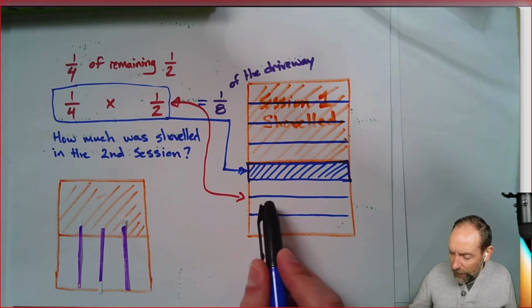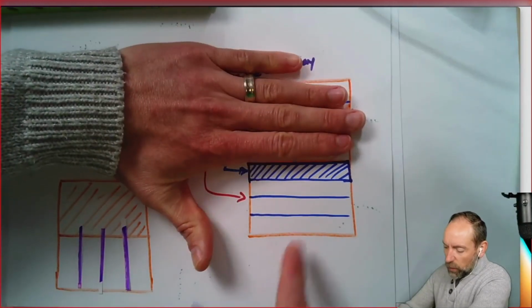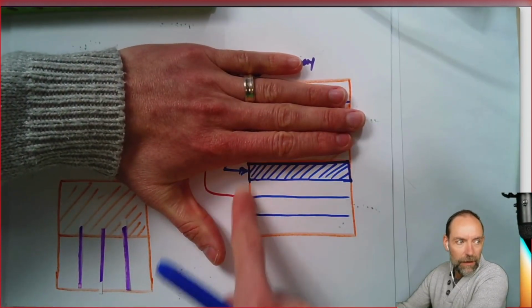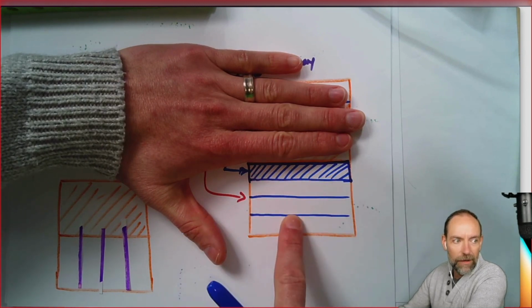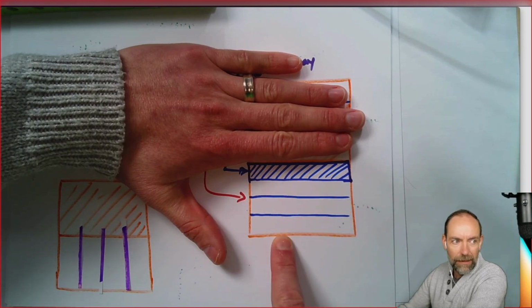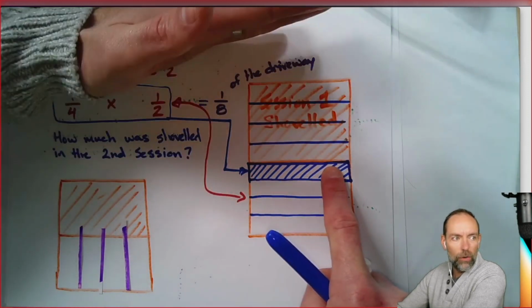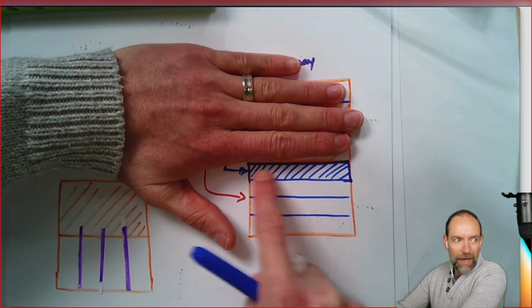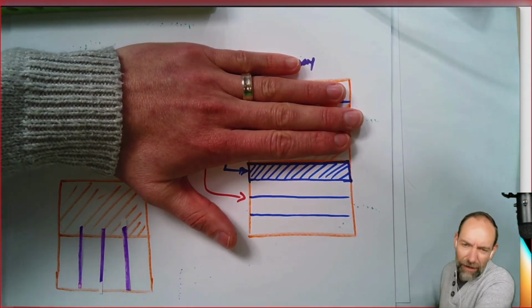Over here, remember, that's 1/2 of the driveway right here, and we wanted to know what was 1/4 of 1/2. Well, there's 1/4 of a half. You could see that's great. But now the question is, how much is this chunk relative to the whole driveway? When I came out and shoveled this part of the driveway, if someone says, wait a second, how much did you shovel?